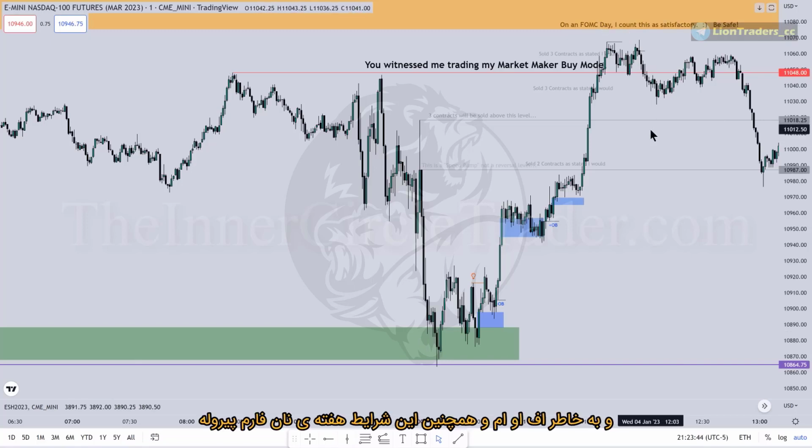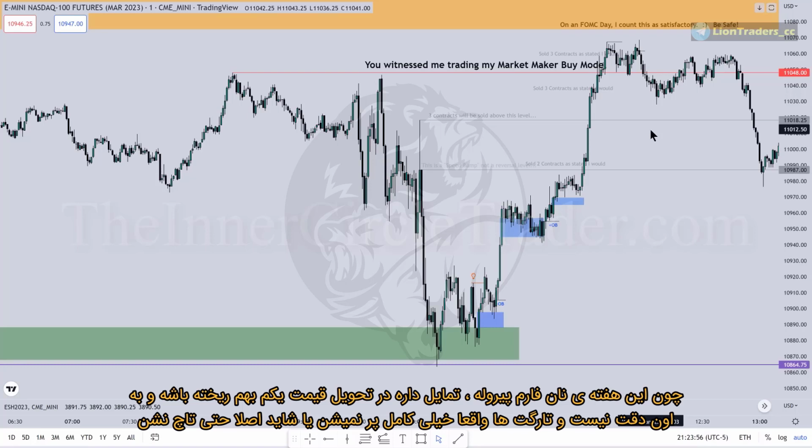And because it's FOMC and it's also non-farm payroll week, W-E-E-K, the week, Monday through Friday, there's a tendency to be sloppy in price delivery. It's not as precise. Targets won't really get filled perfectly, or maybe not even get touched at all.